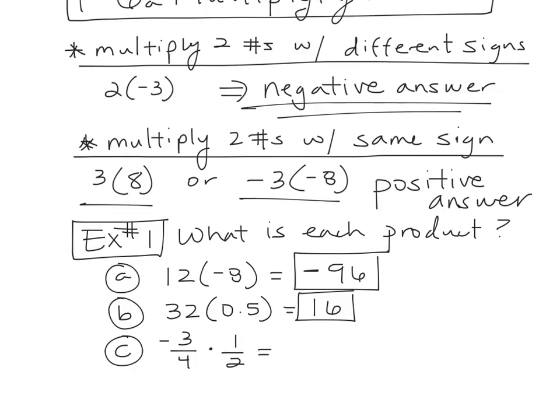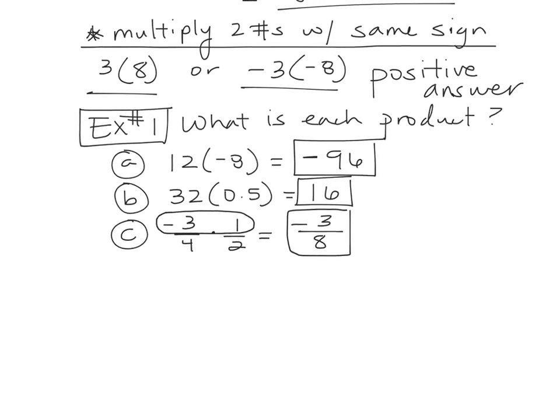No, you just multiply straight across, right? So I'm going to multiply my numerators. What do I get? -3, right? If it's a negative and a positive, it's going to be negative. So you get -3 over what? 8. Over 8. So one was positive, one was negative. Our answer is negative. So far, so good?